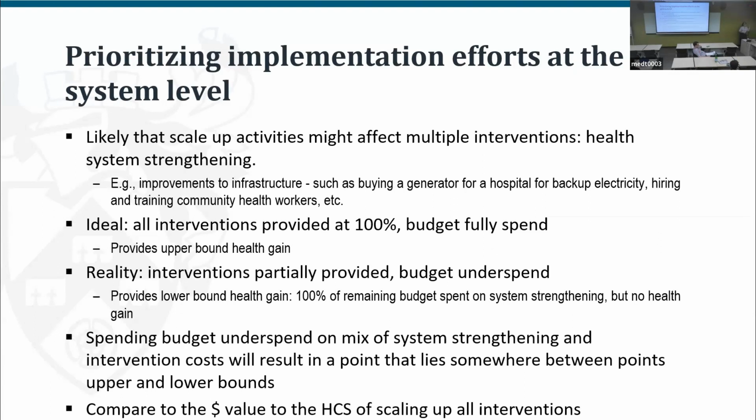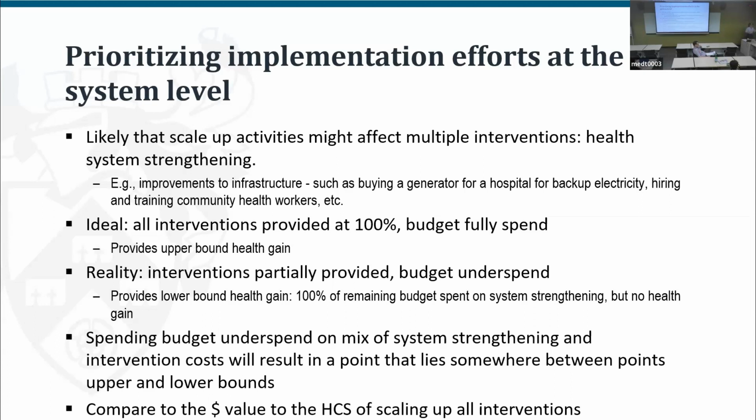What's the sort of maximum health that we can gain by providing this package of care? And that would be if all interventions were provided at 100%, the budget was fully spent, and we didn't need to spend any money at all on scale-up activities to make sure that these were actually implemented. So this is sort of assuming that we have the infrastructure and the capacity and everything to completely provide these. That gives us our potential upper bound.